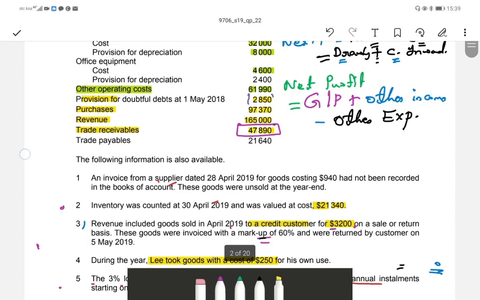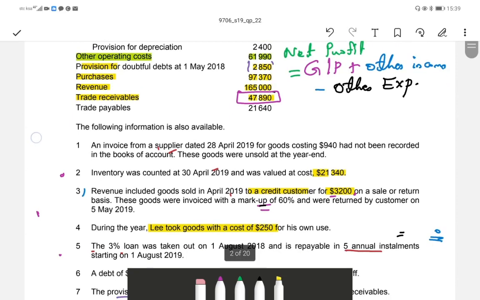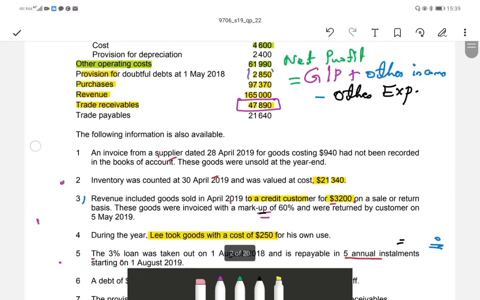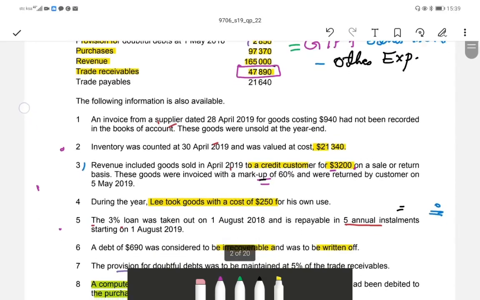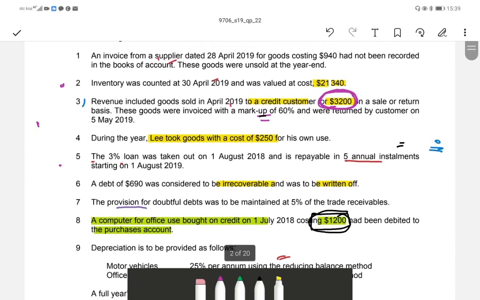Trade receivables was 47,890. Then 3,200 was deducted because this was sale or return basis, so we have to deduct that. Then we have to deduct our bad debt. So both we have to deduct first.